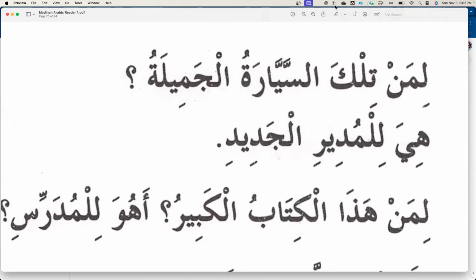لمن تلك السيارة الجميلة. To whom does that beautiful car belong? Yeah, to whom that beautiful car belongs. Perfect.